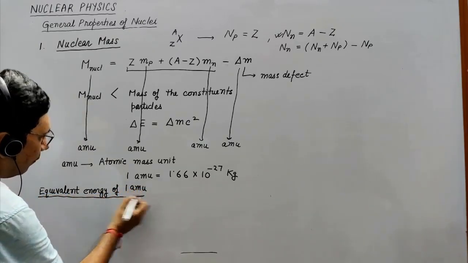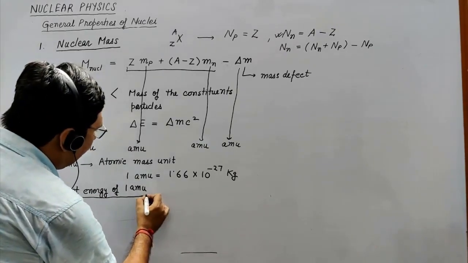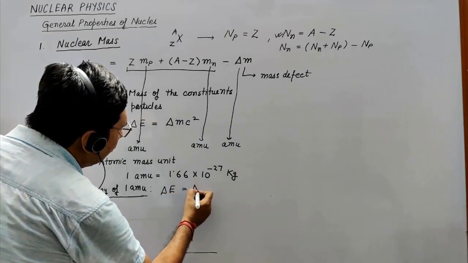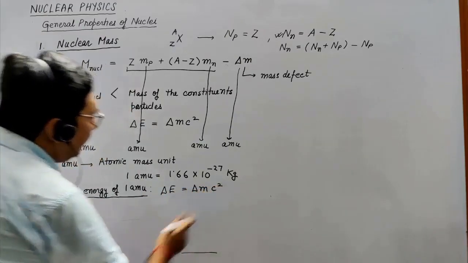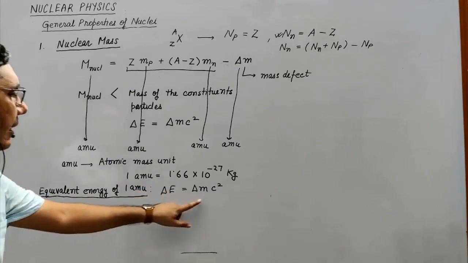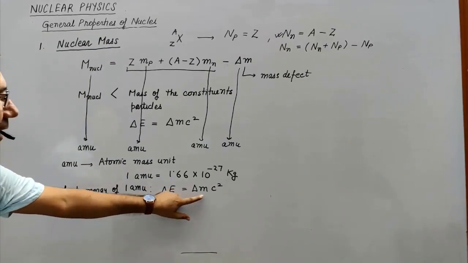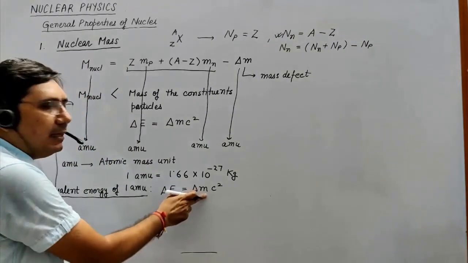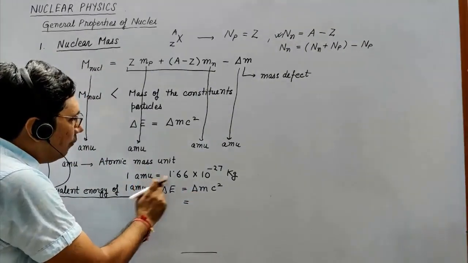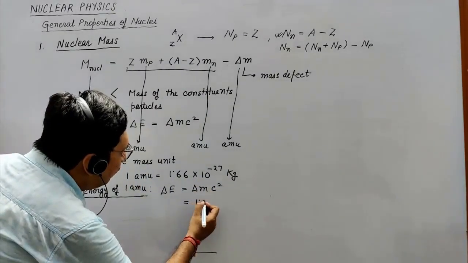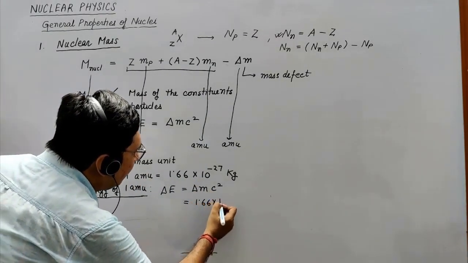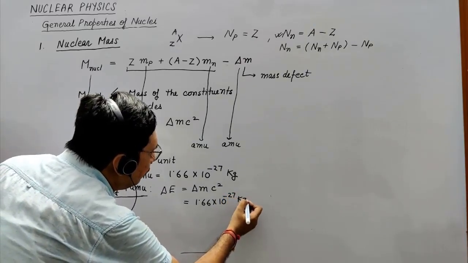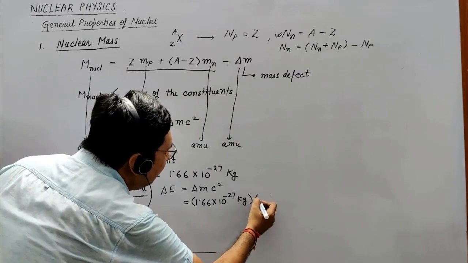How will you calculate? We have a formula: delta E is equal to delta m c square, and delta m is 1 AMU. So replace delta m by 1 AMU, which is 1.66 into 10 to the power minus 27 kg, and multiply by c square.